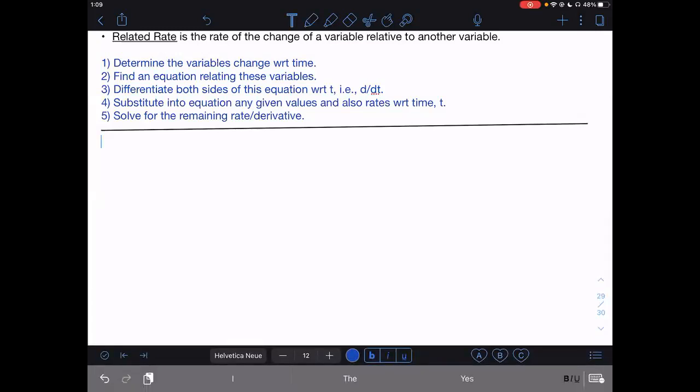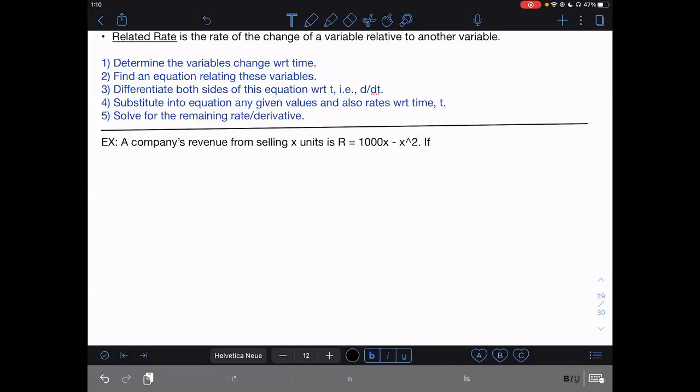Okay, let's set up an example here. Suppose that for this example, a company's revenue from selling X units is defined as, say, R equals 1,000X minus X squared.